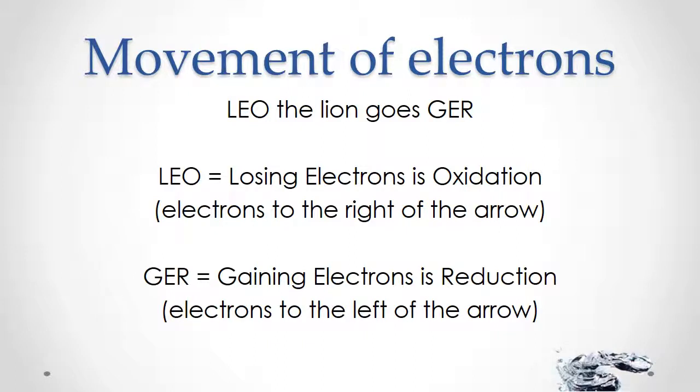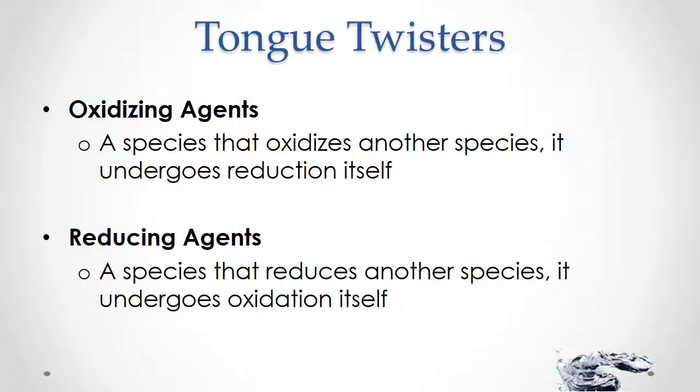One of the other issues that we have when dealing with oxidation and reduction reagents is what I call a tongue twister. We tend to use the word agents when we talk about reactants doing a particular action on another reactant. In this particular case, we can have oxidizing agents. These are species that oxidize another species.